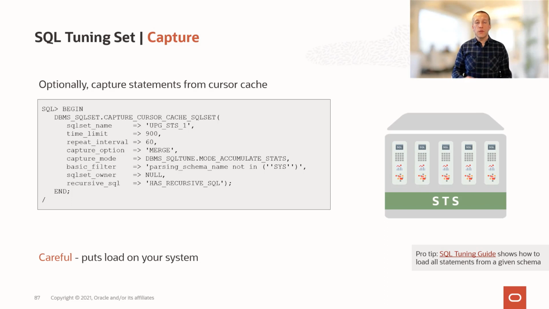What you do is that you start the sampling, then start your workload, and the polling procedure or sampling procedure will constantly look in the cursor cache for new statements and put those into the SQL tuning set. Now, be advised, this procedure does put some load on your system. So adjust the repeat interval to something that doesn't affect your system too much. In this example, I'm sampling for 15 minutes and I do it every minute.